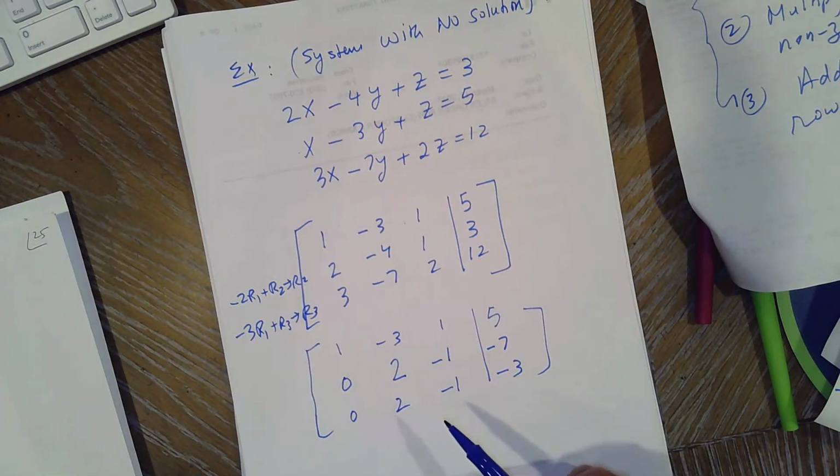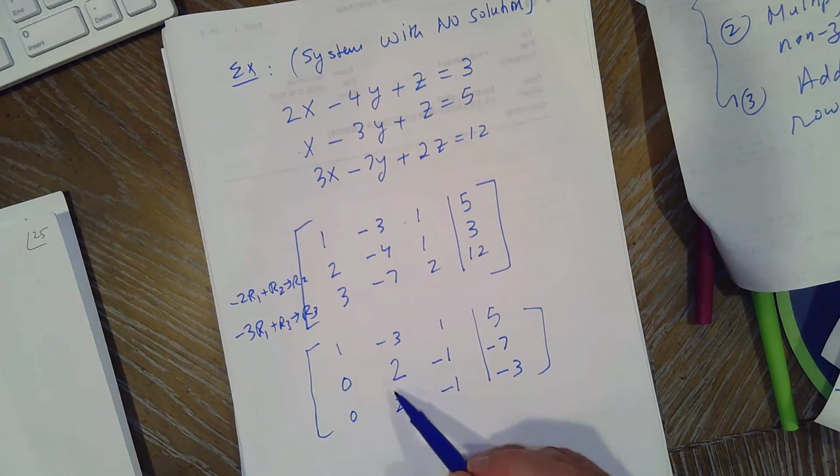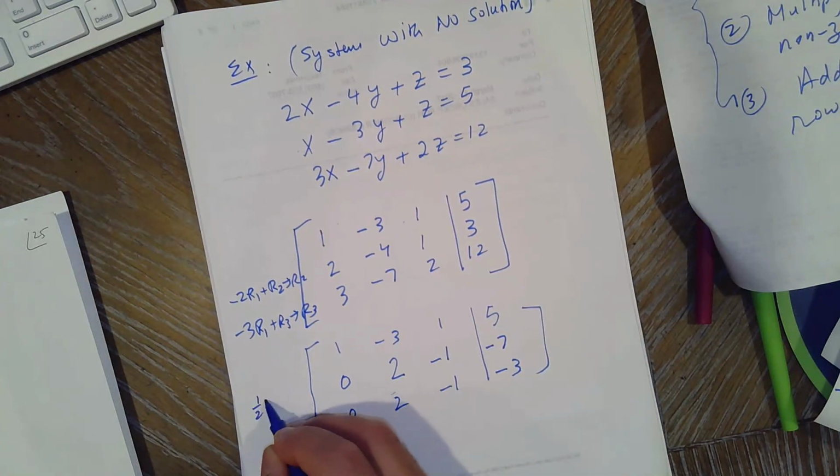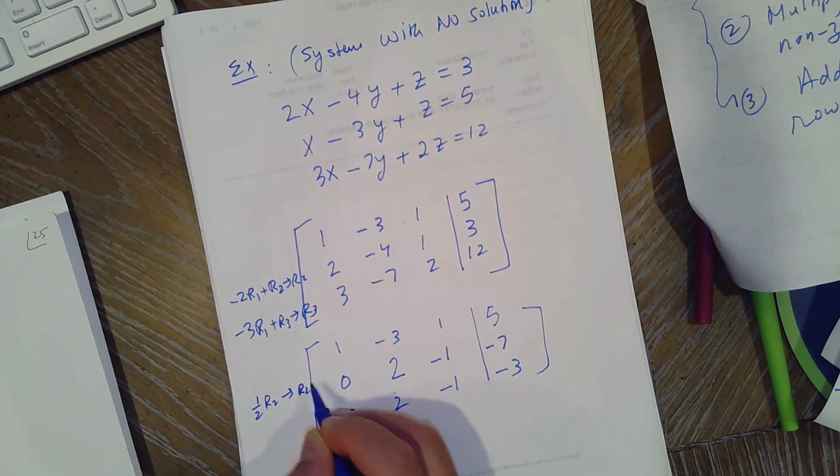Now over here, we want this to be a 1. So we're going to times the second row by 1/2.